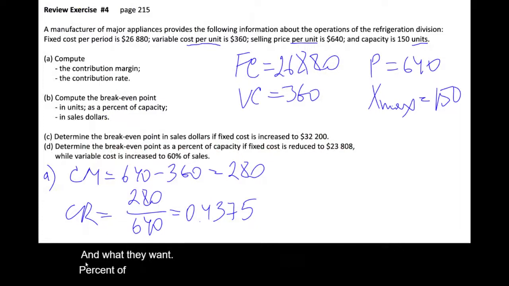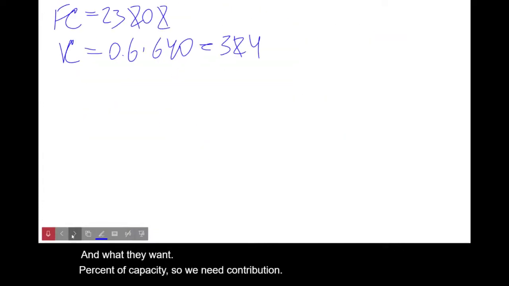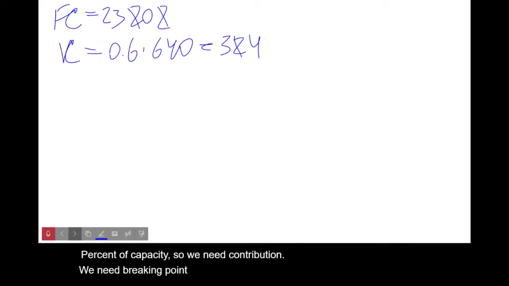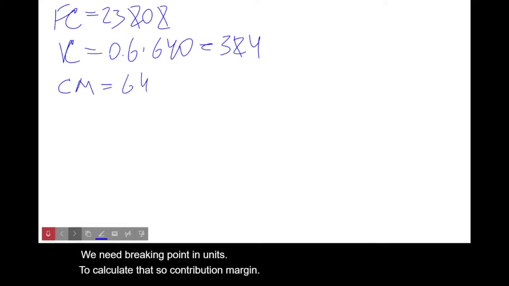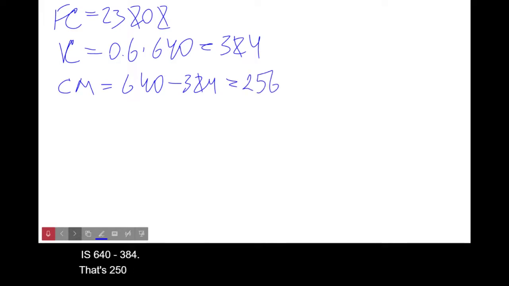percent of capacity. So we need the break-even point in units to calculate that. So contribution margin is 640 minus 384. That's 256.